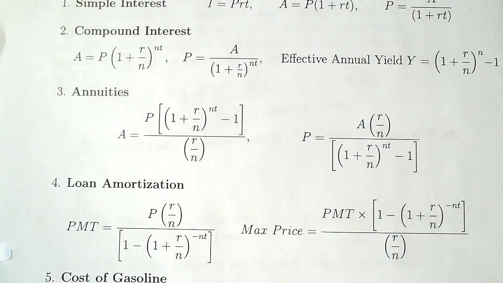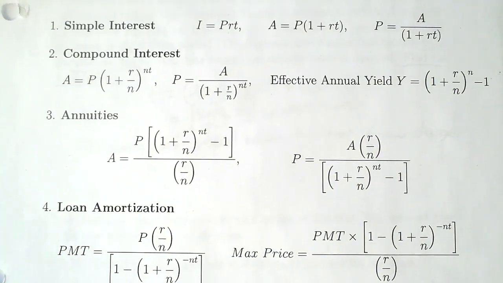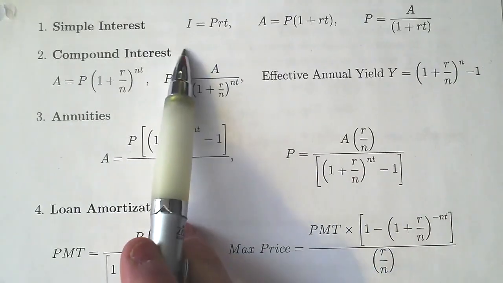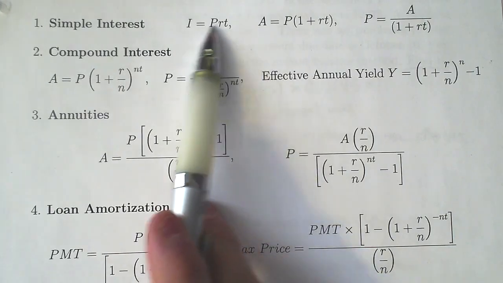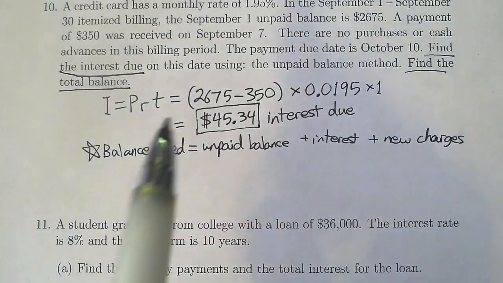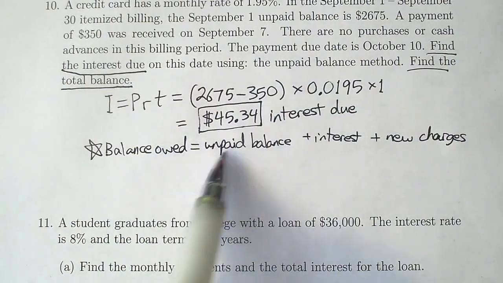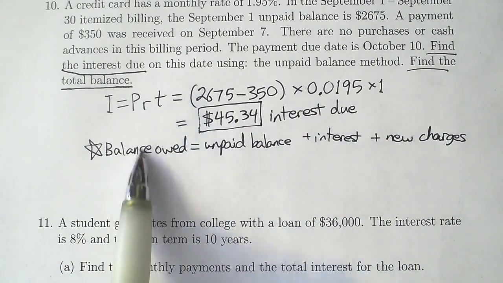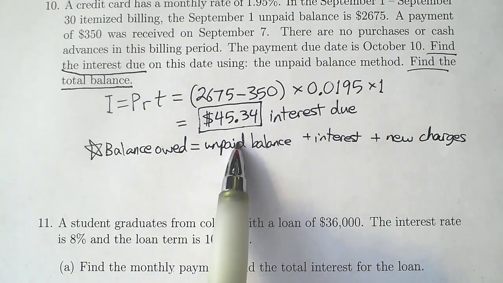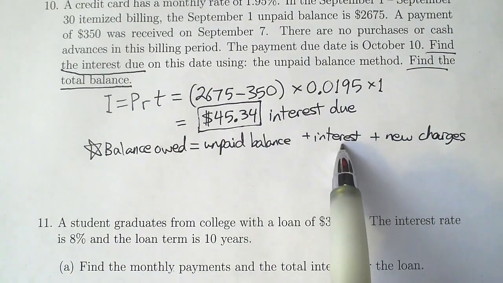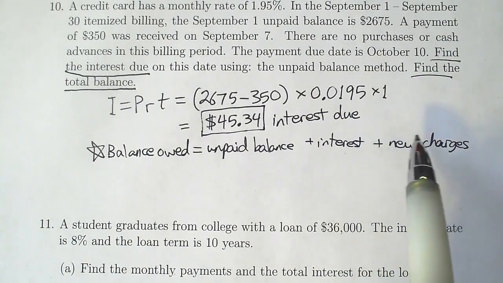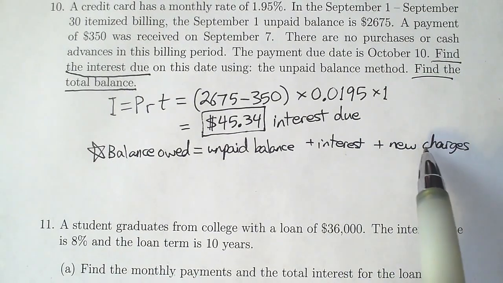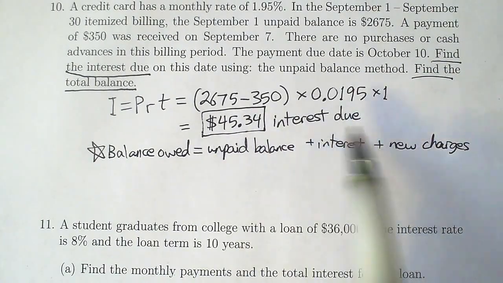That's nowhere to be found on this formula sheet. So that is a formula that you need to know. That simple interest formula is here, I equals PRT, so that's good. But this you just need to know yourself. But if you think about it, it makes sense. The amount that you owe is what you owed previously, plus the interest that accrued, plus anything new that you spent. So those 3 things.